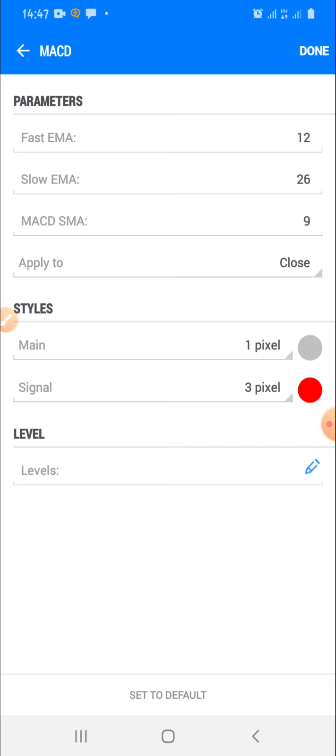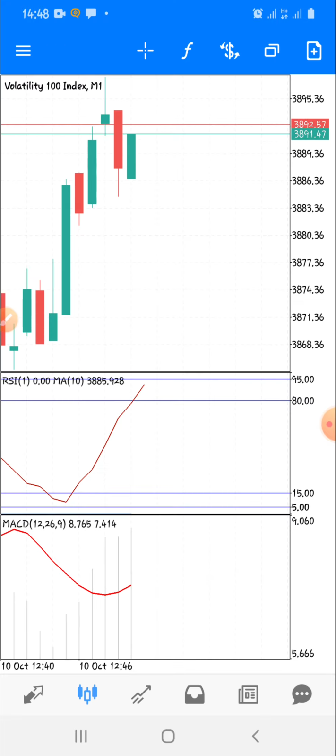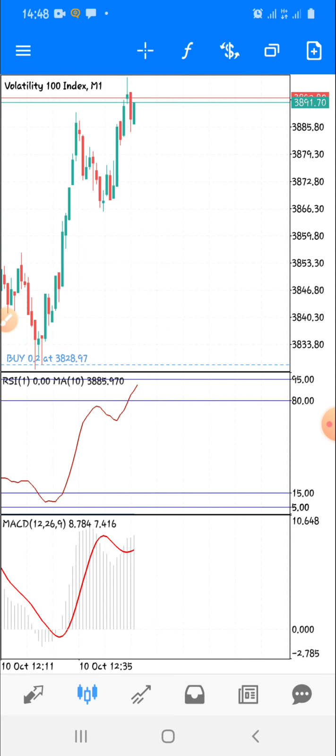It is a 12 EMA minus 26, 12 EMA minus 26, then the signal line, it is 9 EMA, not 9 SMA. Then here is the MACD line that I was talking about.